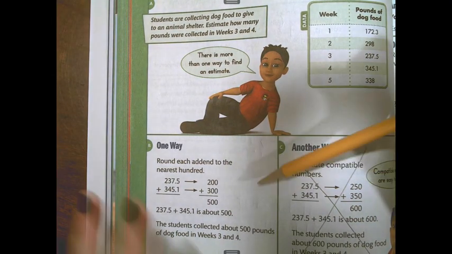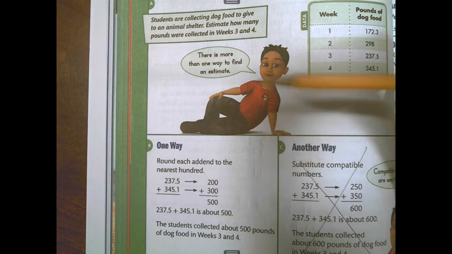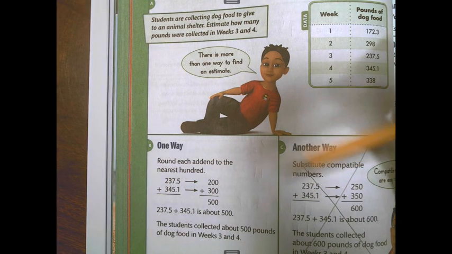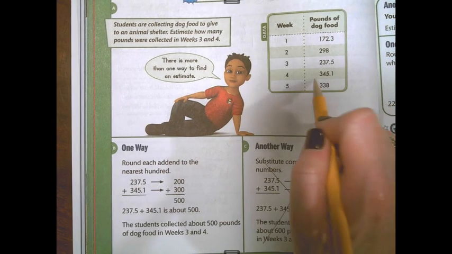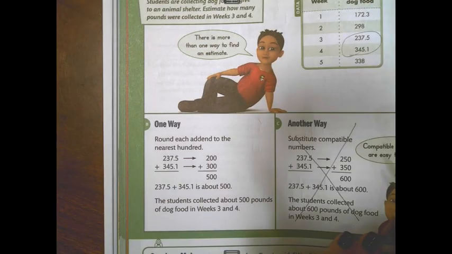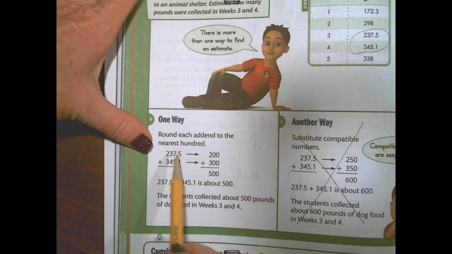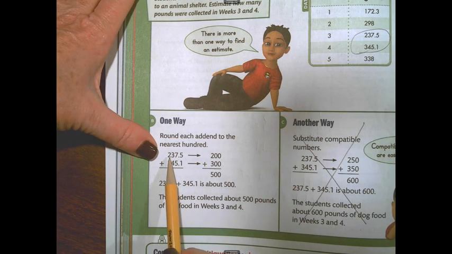We're going to just practice and master and be able to round numbers using front end rounding to get our estimate. So I'm looking at weeks 3 and 4. Let's go and circle those amounts, those pounds of dog food. So they are going right here to write each week. Week 3, 237 and 5/10.